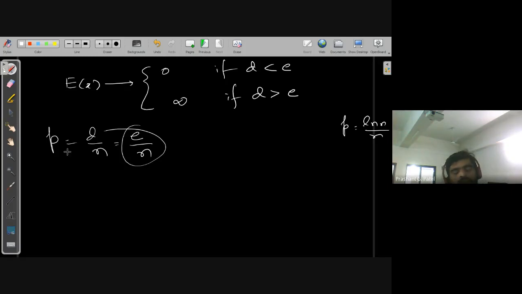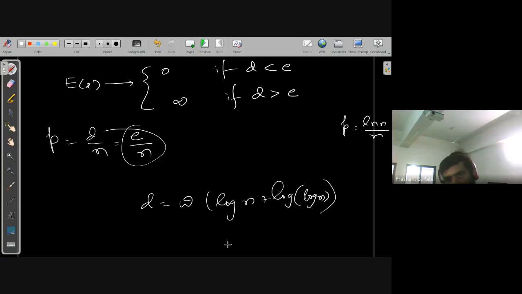Thus the second moment argument is necessary. So you need to know that the threshold for Hamiltonian circuit is d equal to small omega of log of n plus log of n. And we are not going to prove this thing. That means the threshold for Hamiltonian cycle is this.